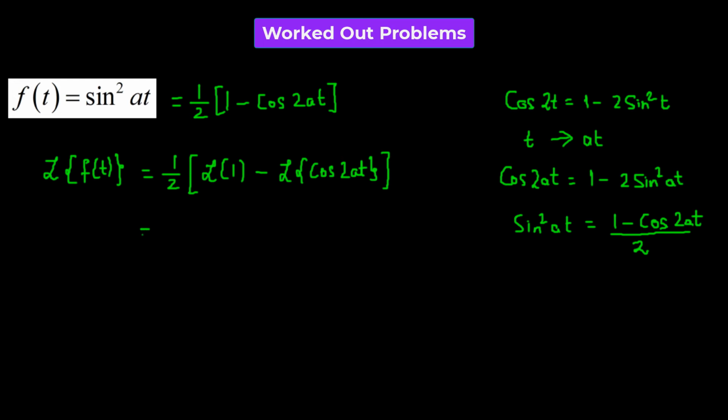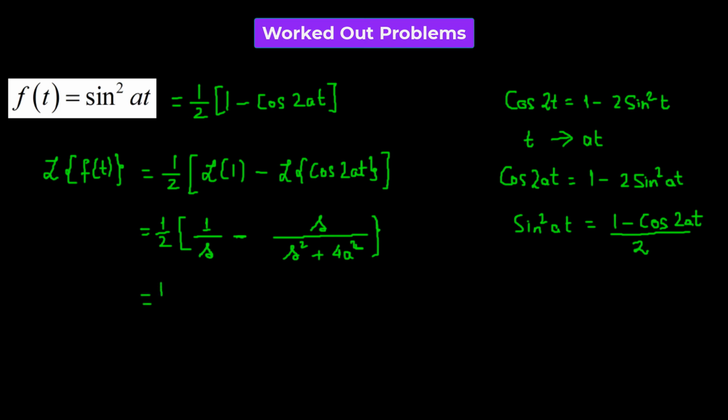So we have half multiplied to Laplace transform of 1, which is 1 over s, minus Laplace transform of the cosine function, which will be s divided by s squared plus 2a whole squared, so that will be 4a squared.